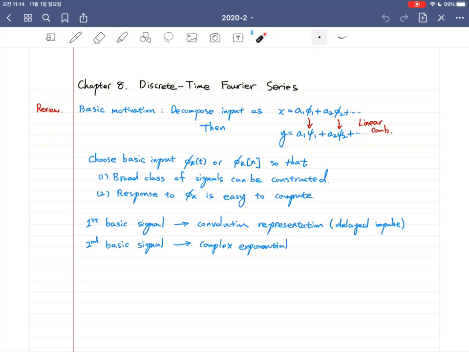So the basic motivation that we're pursuing right now is to decompose this input as a linear combination. If I have some randomly generated complicated input signal x, you will decompose it into a1 phi 1 plus a2 phi 2 plus so many things to represent this x.